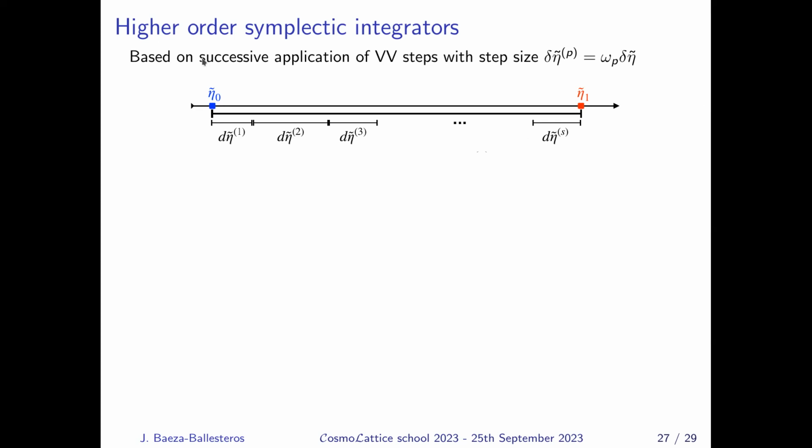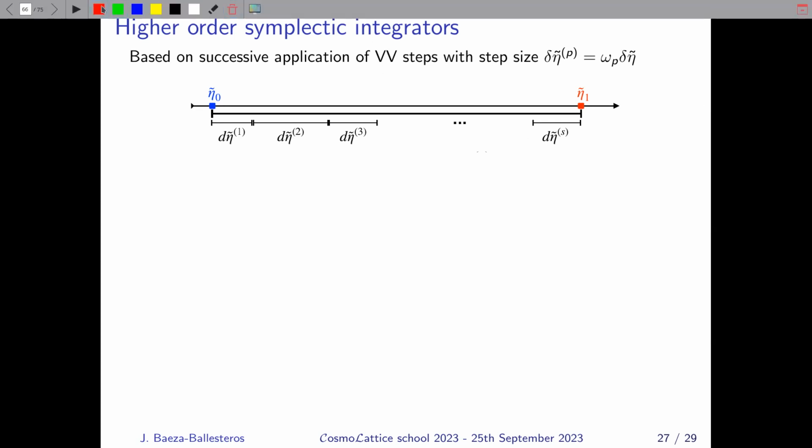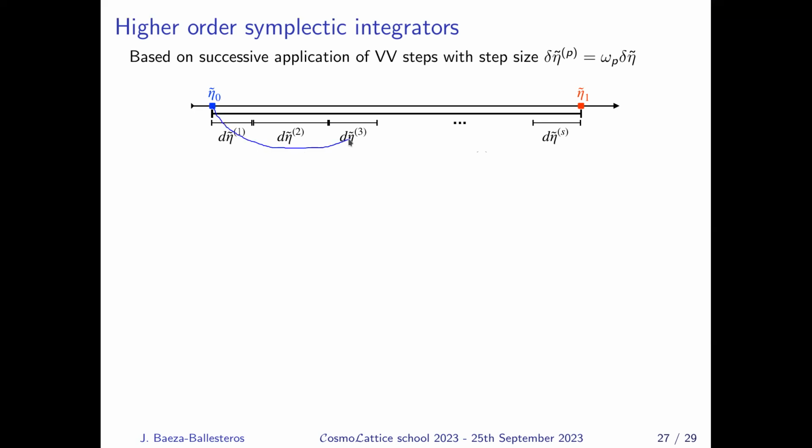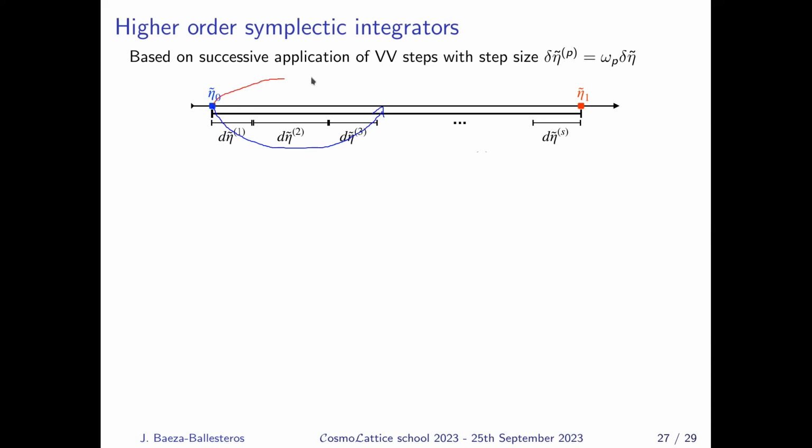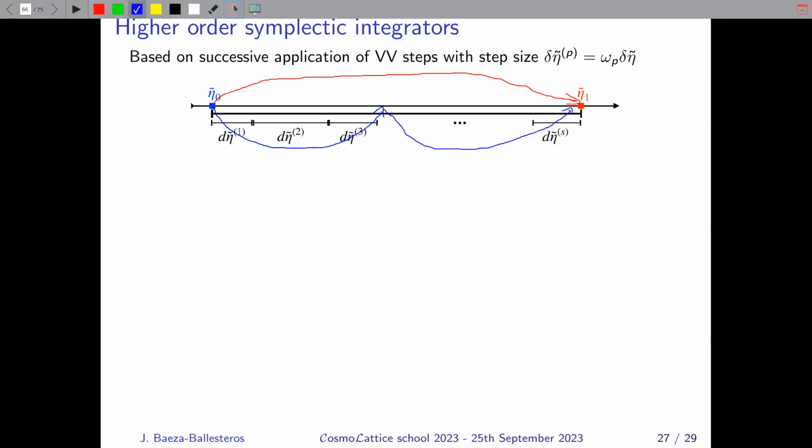If we were doing velocity Verlet, it would be pretty simple. We would just do half an evolution of one of the quantities. Then we would evolve the other quantity by a full time step. And then we would go back and evolve the first quantity by another half time step.